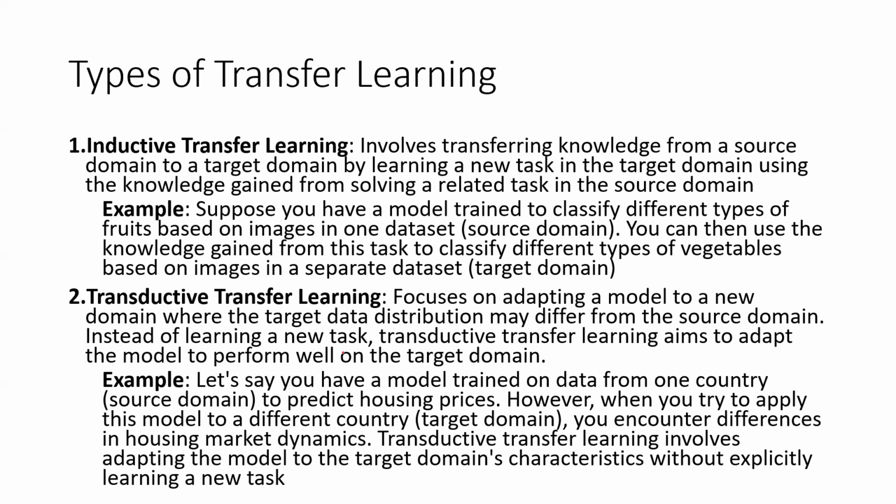When it comes to transductive transfer learning, the domain is not changed, but the data distribution may be changed. For example, suppose you are trying to model real estate prices in a certain country, and you have developed a model for housing prices in America, USA, and you are going to develop another model for predicting the housing prices in Sri Lanka.